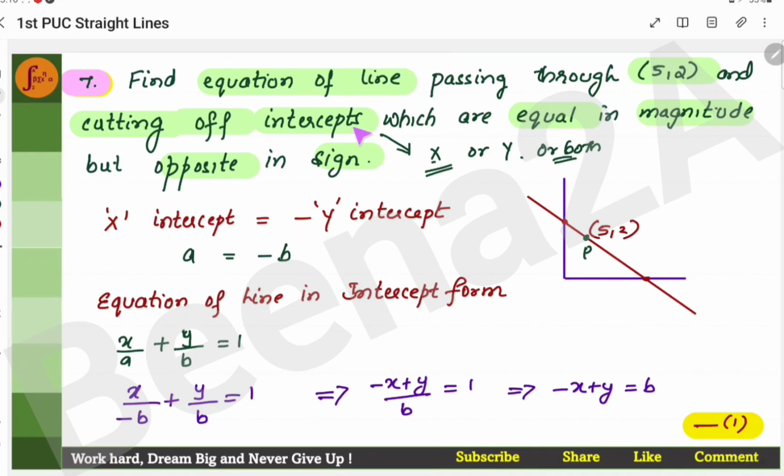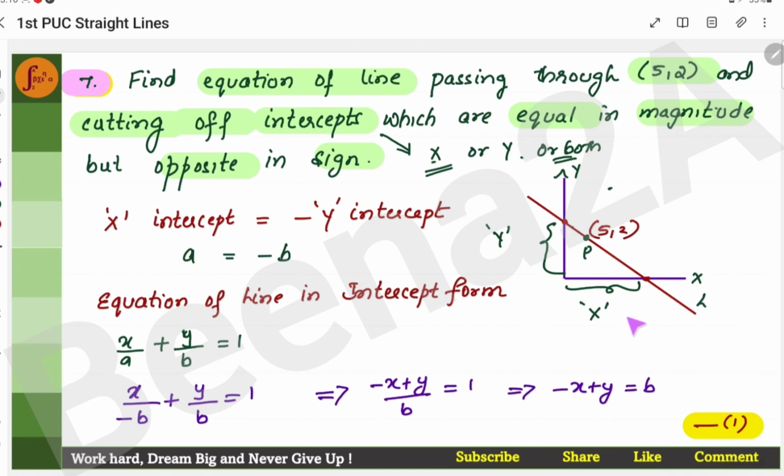Now, the intercepts are equal in magnitude. Now, wherever this line, let's call this as L, this line is cutting y-axis and x-axis. Both are equal in magnitude. Magnitude means the number is same. This distance and this distance is same. This is called as y-intercept.